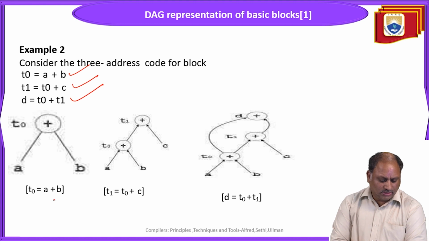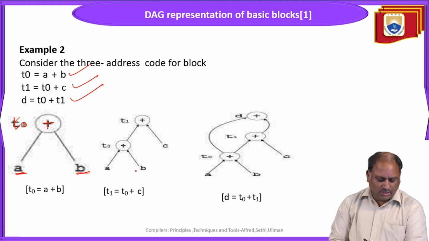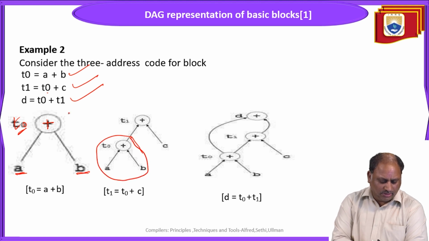A is one operand, B is the other, the internal operator is plus, and the result is stored in T0. T0 is already computed with this structure. So we add a plus as the internal operation, and then to the right C.